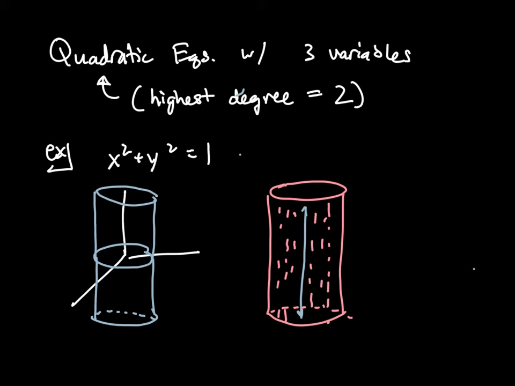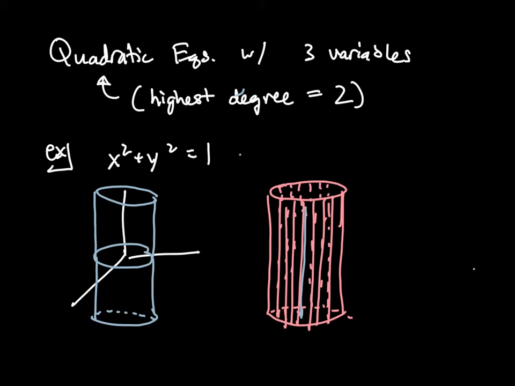So you're moving the circle up and down, and all the lines being formed are parallel to each other. These lines have a special name. These are called rulings. But that's not really important. What's important is that all the rulings are parallel.